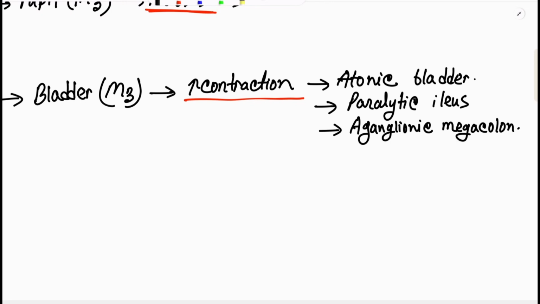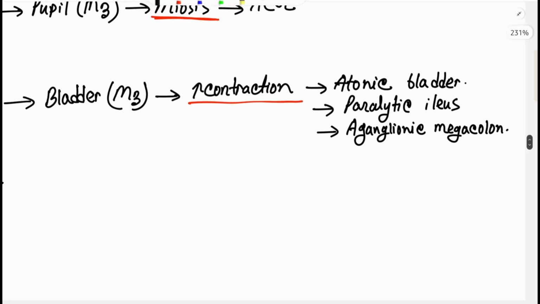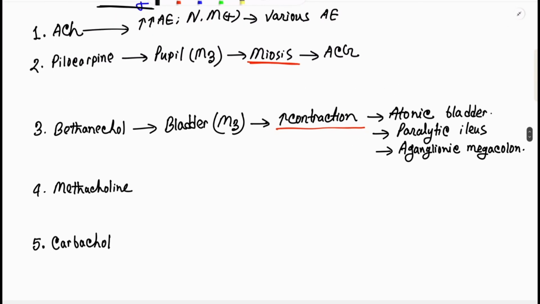Aganglionic megacolon is a genetic abnormality where the ganglion which stimulates the colon is not produced. So there is no contraction of the colon and fecal material accumulates in the colon and the colon becomes larger, mega in size. That's why it is called aganglionic megacolon. By using bethanechol, we can get rid of aganglionic megacolon.